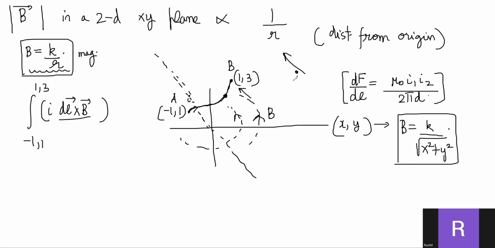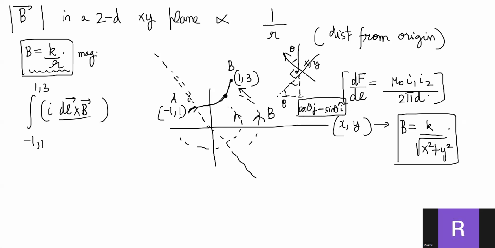If you think about the tangential direction at point (x, y), if this angle is theta, this is 90 minus theta, this is theta. The direction of the tangent is cos theta j cap minus sin theta i cap.